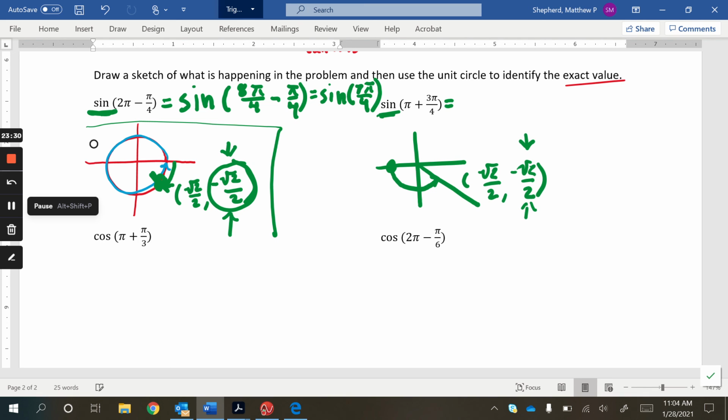Looking at that from just adding our fraction, we would change pi to 4 pi over 4 plus a 3 pi over 4, and that's going to give us sine of 7 pi over 4. So no wonder we got the same answer.